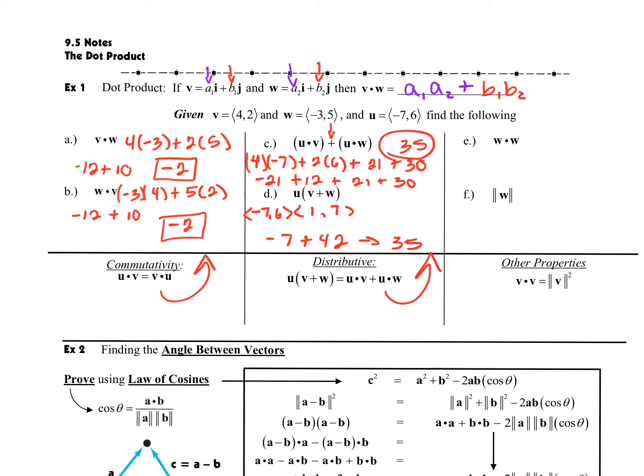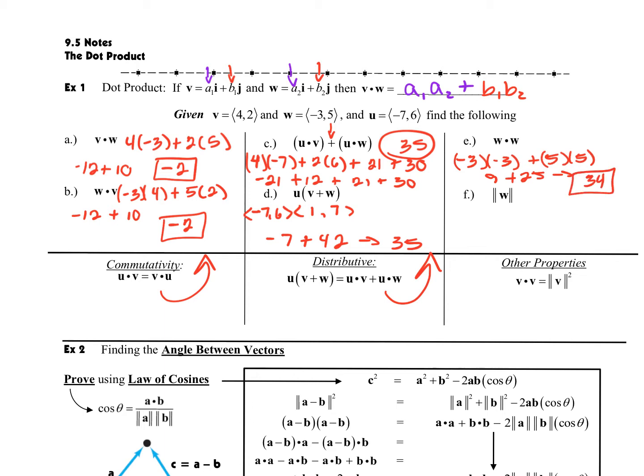The next thing that we want to look at is what is W dot W. So negative 3 times negative 3 is going to give us a 9. And 5 times 5 is going to give us 25. So W dot W is going to be 34.